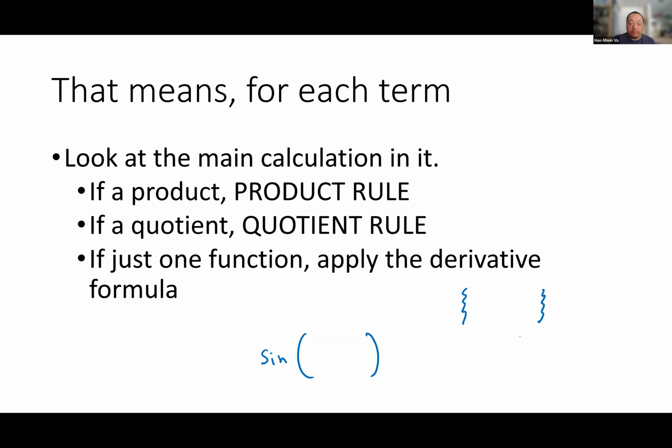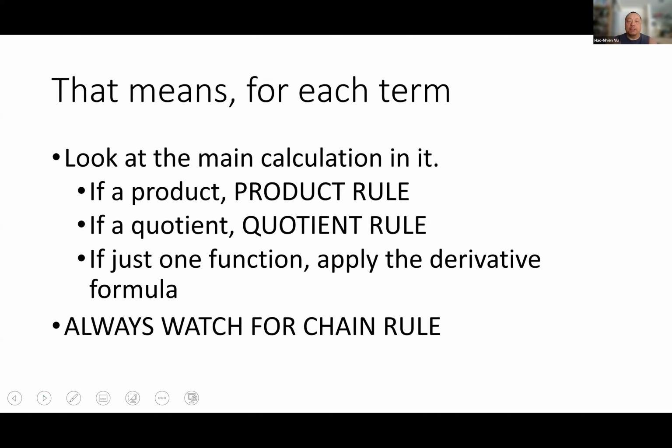If you just see one big sine of something, then the derivative of it is going to be cosine. So if it's just one big function, then apply the derivative formula for that function. But always watch for the chain rule. In your college career and in your professional career, if ever you need a derivative, it almost always requires the chain rule.